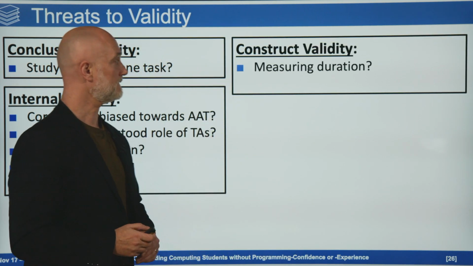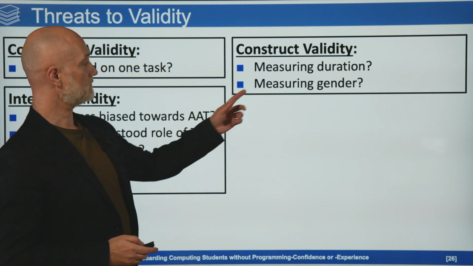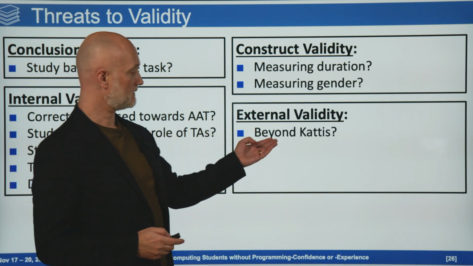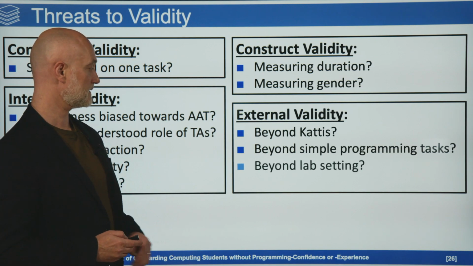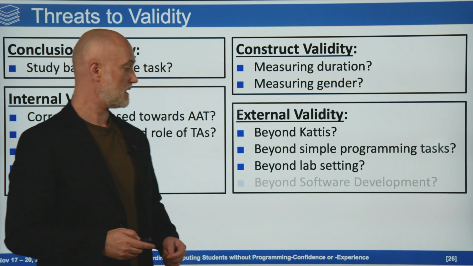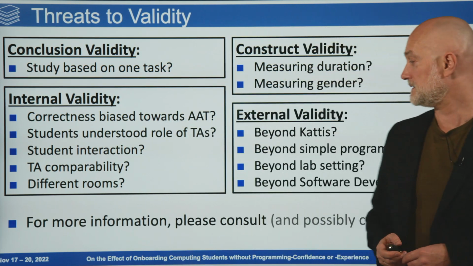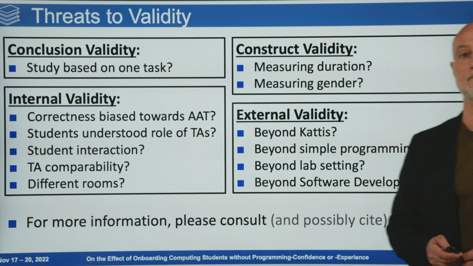In terms of construct validity, we ponder how duration was measured and how gender was measured. For external validity, we consider the results beyond CATIS, beyond simple programming tasks, beyond a lab setting, and finally beyond software development. For all of these, please consult and possibly even cite the paper.